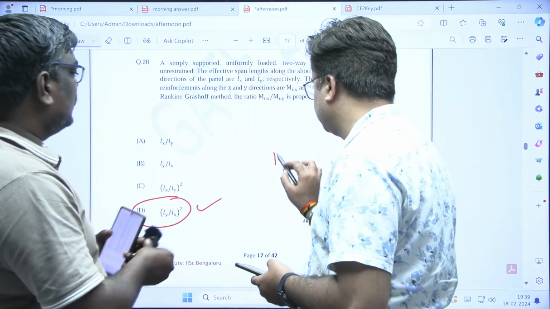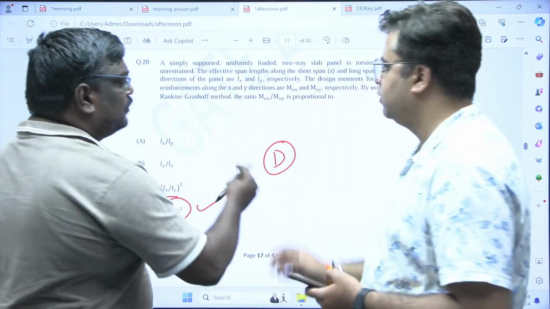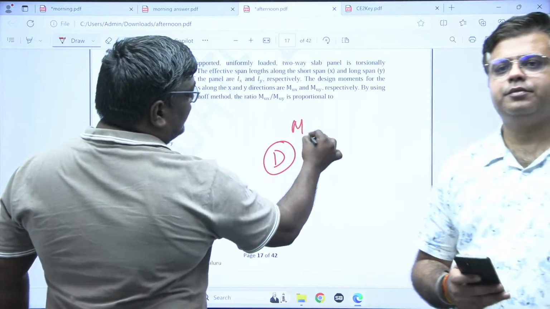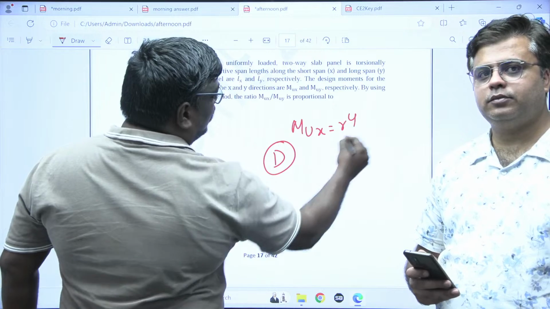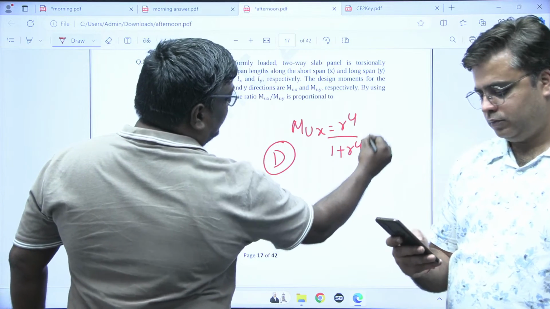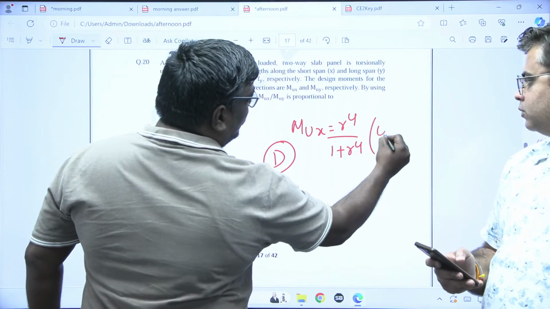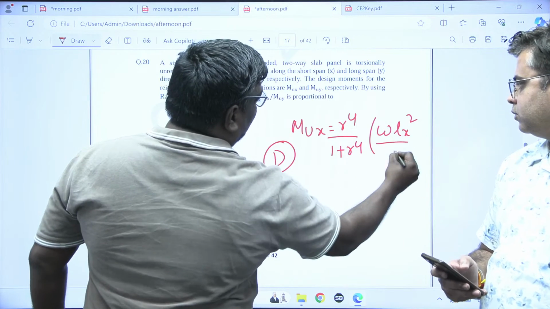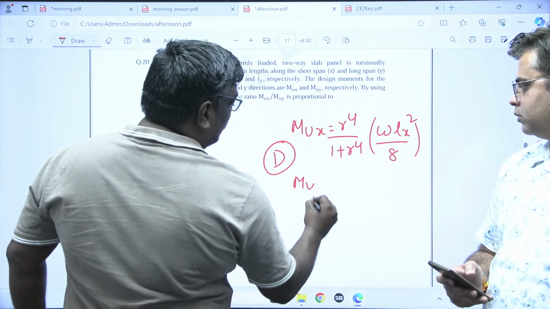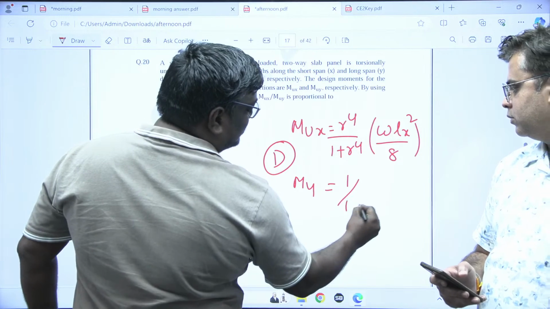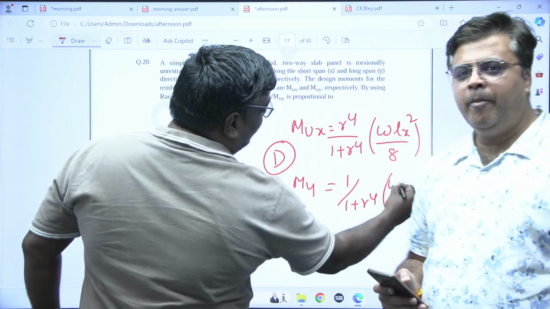See students, here what I would like to tell you is, if you see moment in the x direction, you will get r power 4 by 1 plus r power 4 into WLx square by 8. Similarly, Muy you will take as 1 by 1 plus r power 4, WLy square by 8.